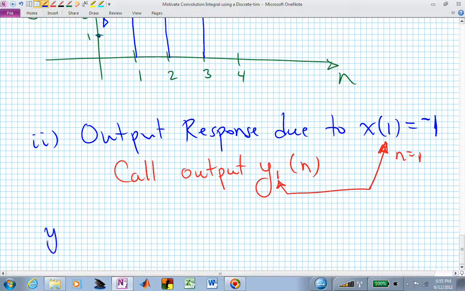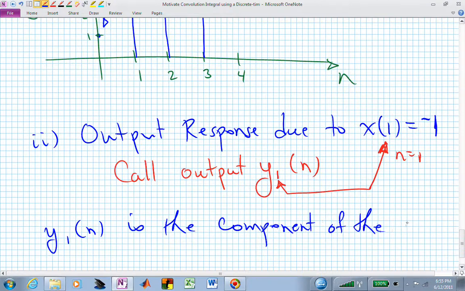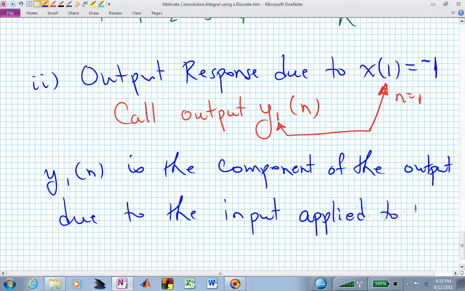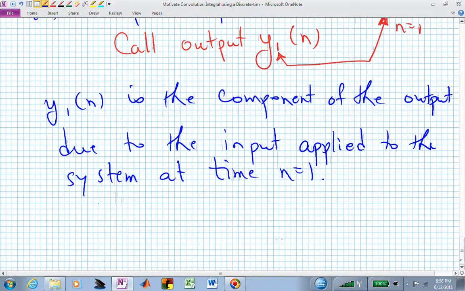Now this y sub 1 of n is the component of the output due to the input applied to the system at time n equal 1.